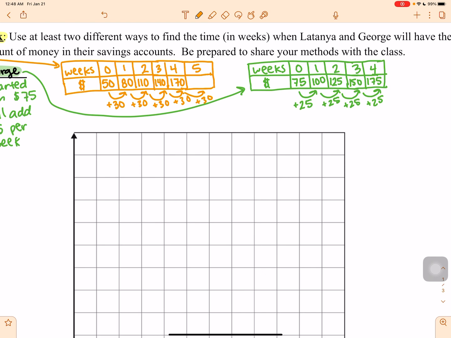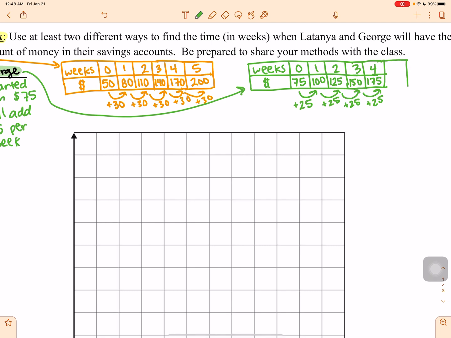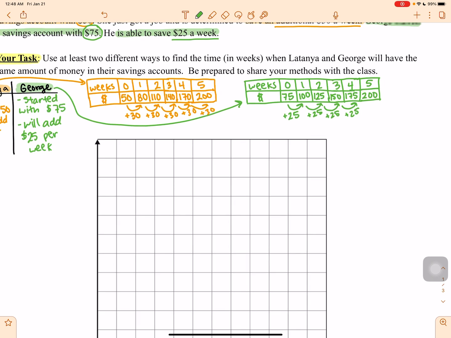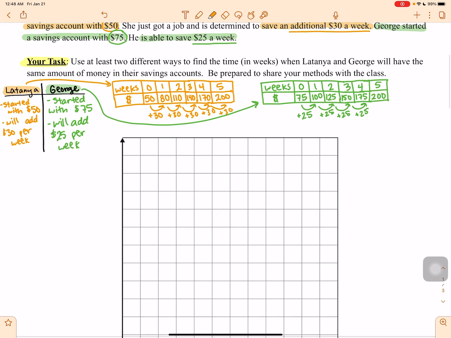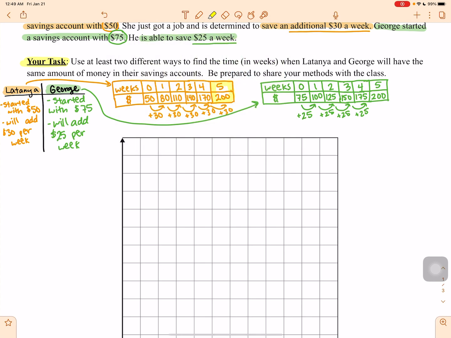And it has to be within the same week as well, right? There we go. Week 5, they both have $200 in their savings. That is their solution. Now, there's multiple ways to find the solution, but a table is definitely one way.